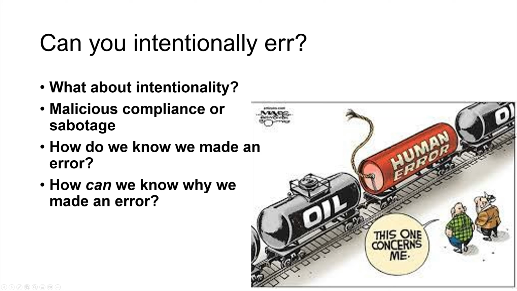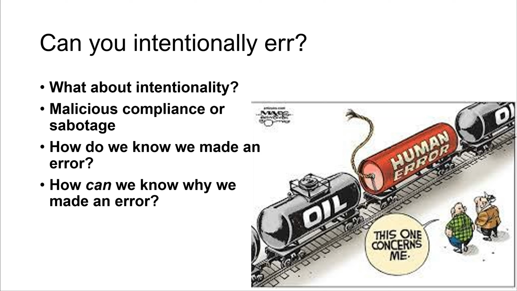So now here's the next question. Can you intentionally err? So what about intentionality? The function of human error is supposed to be that you did not intend for that to happen. So in that instance, that's where we need to decouple that.